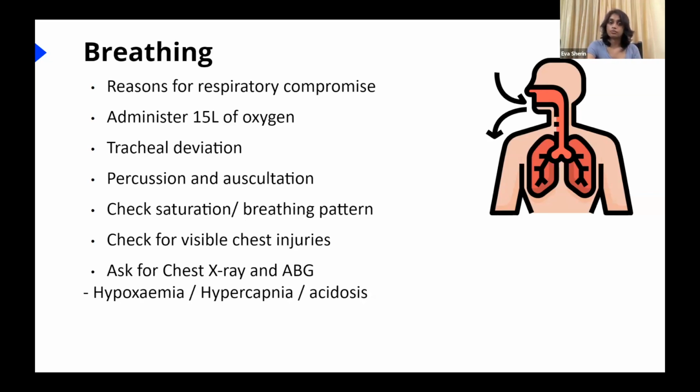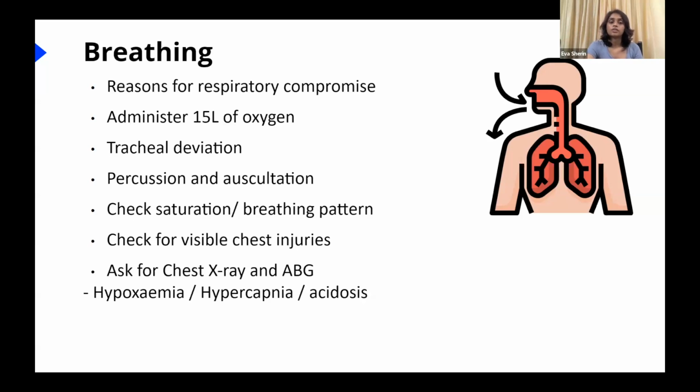No. Start it on 15 liters, because you don't know what the previous partial pressure of oxygen in the blood is. So it is always better to start at 15 liters of oxygen. You can always reduce it further. I mean, there's no harm done. If you know that the partial pressure of oxygen is good, you can always bring it down from 15 later. But it is always better to start at 15 liters initially.